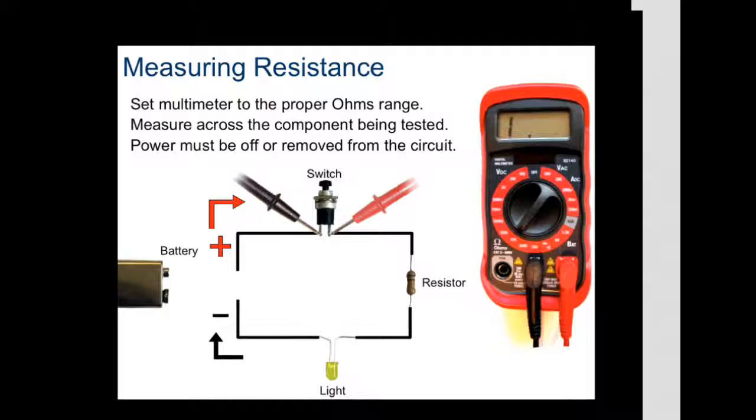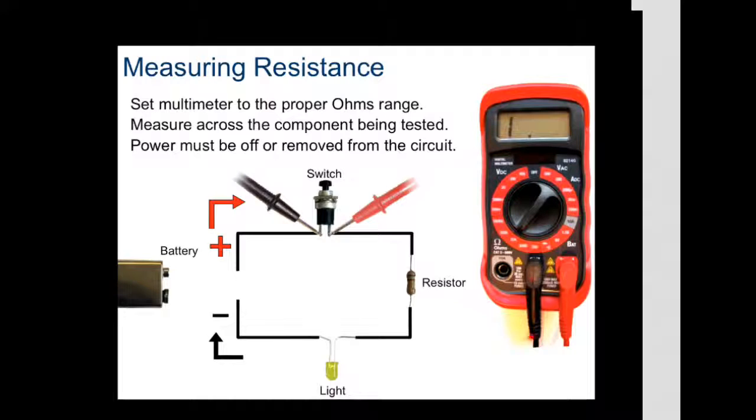What happens is you connect the multimeter to each end of whatever you're measuring the resistance of. So there's a resistance in this switch, there's a resistance in the resistor, and there's also resistance in the light. All of these are going to impede the current a little bit. To measure it, you connect each lead of the multimeter to your resistor, in this case the switch, and then the multimeter will provide a current on its own.